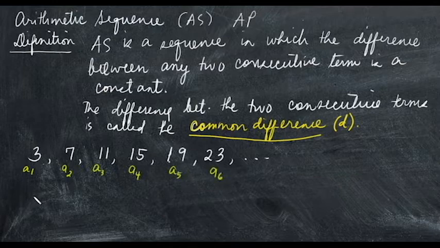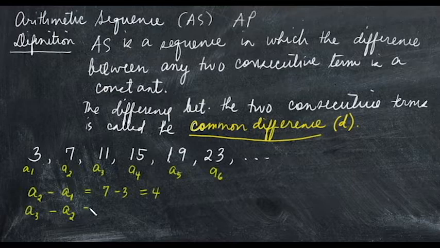and so on, you will notice that a sub 2 minus a sub 1, which is 7 minus 3, is equivalent to 4. Also, a sub 3 minus a sub 2 is also 4. A sub 4 minus a sub 3 is also 4, as well as a sub 5 minus a sub 4, and a sub 6 minus a sub 5, and so on.